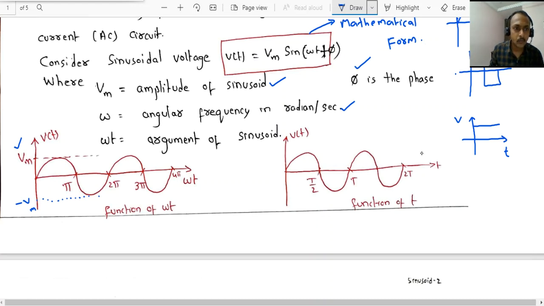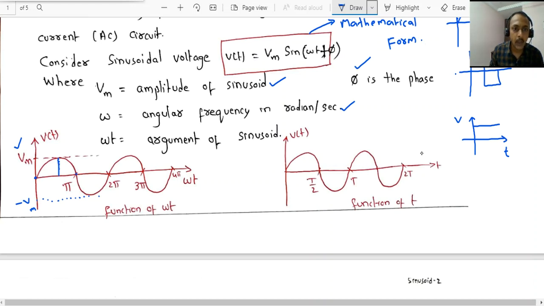If it is sine omega t, sine 0 is 0, so it starts at 0, and we will get its maximum value at 90 degrees, sine pi by 2. Again, at 180 degrees, sine 180 degrees, it will cross 0.